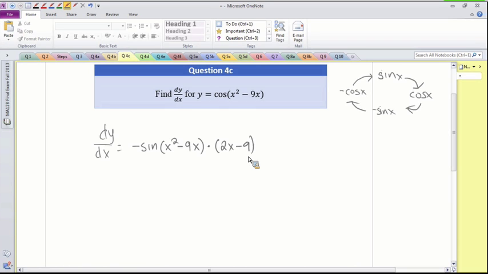That's it. If you want to do this by u substitution, you can also do that as well. So we can say y is equal to cosine of u, provided that u is equal to x squared minus 9x, and the derivative of u is equal to 2x minus 9.